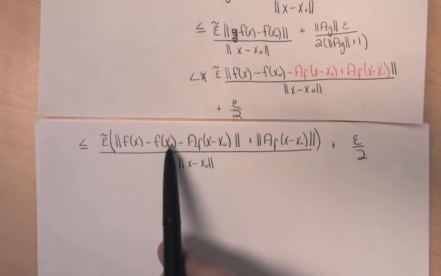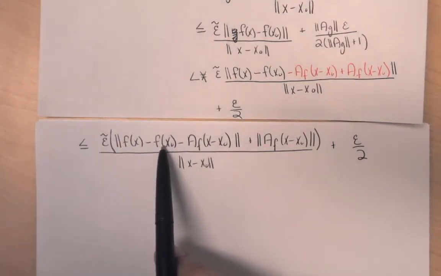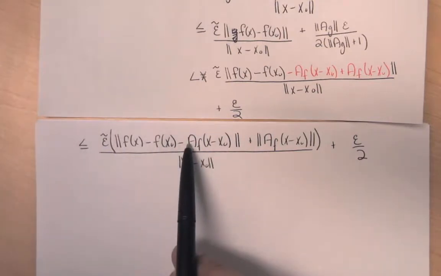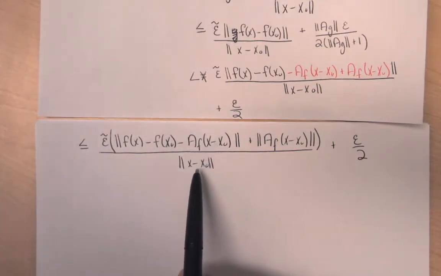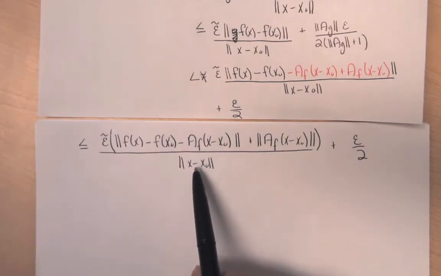Now, I know that this f of x minus f of x naught minus the derivative matrix times x minus x naught divided by x minus x naught is arbitrarily small, and in fact, if x satisfies the deltas given, then we've already given a bound for that.